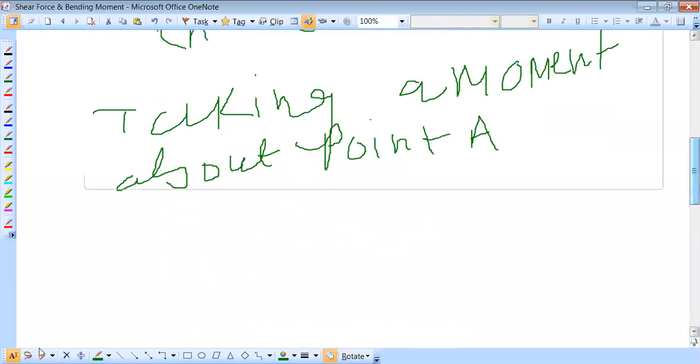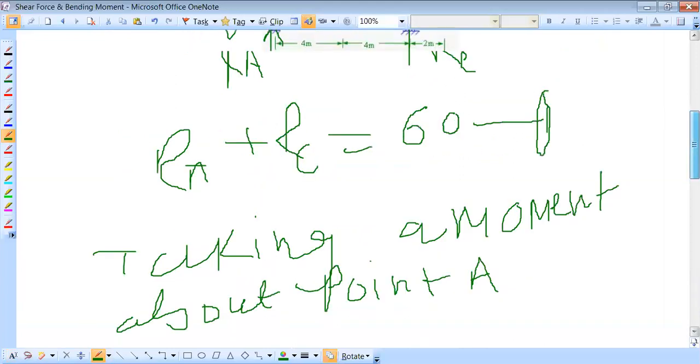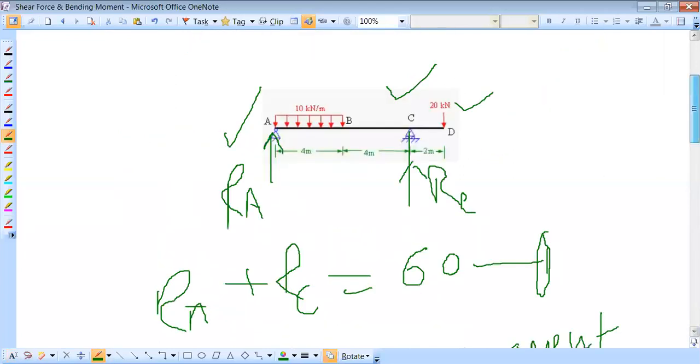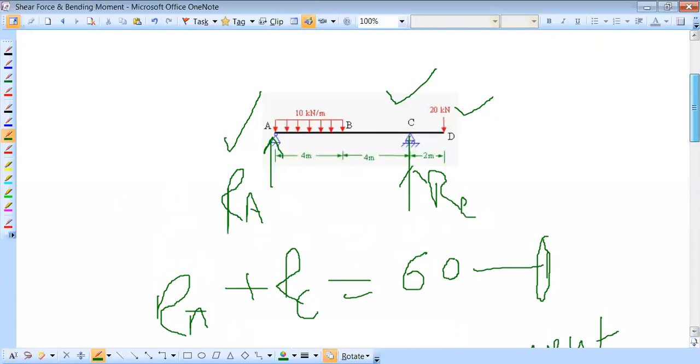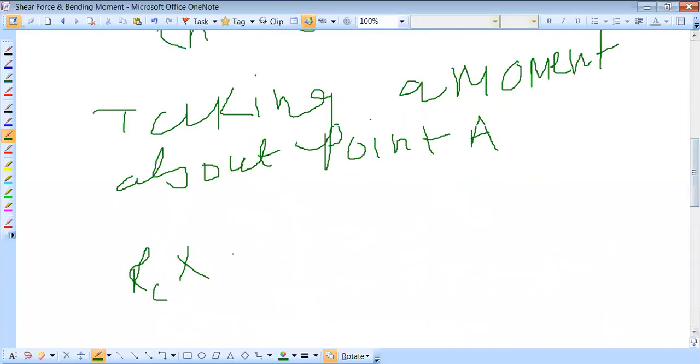Now RC into 4 plus 4 meter into 4 meter, you see the figure, that is 8. This anticlockwise moment is equal to the clockwise moment.